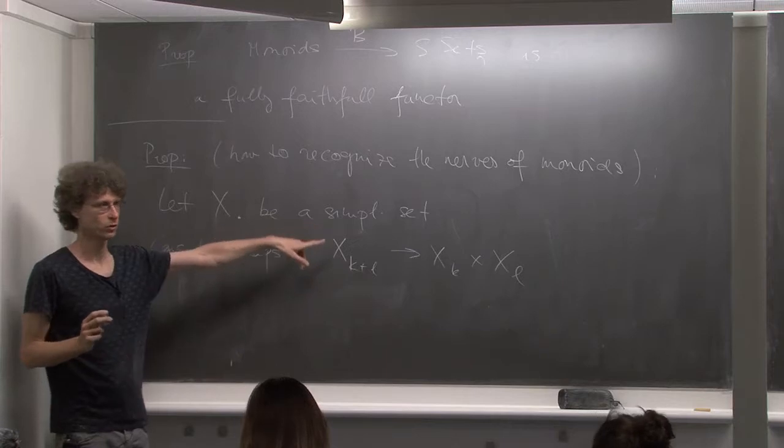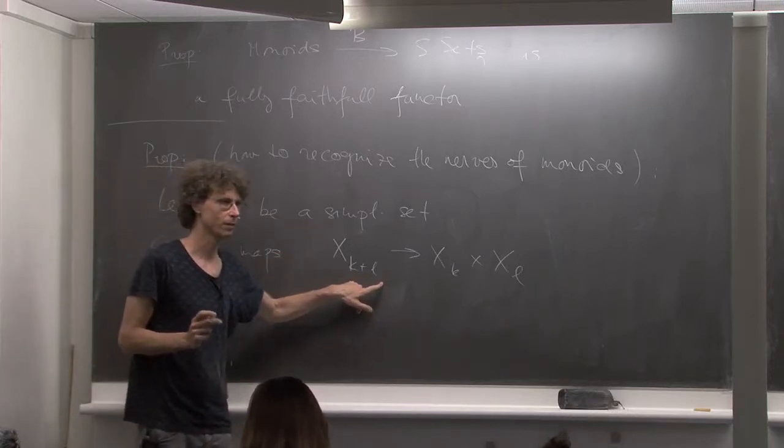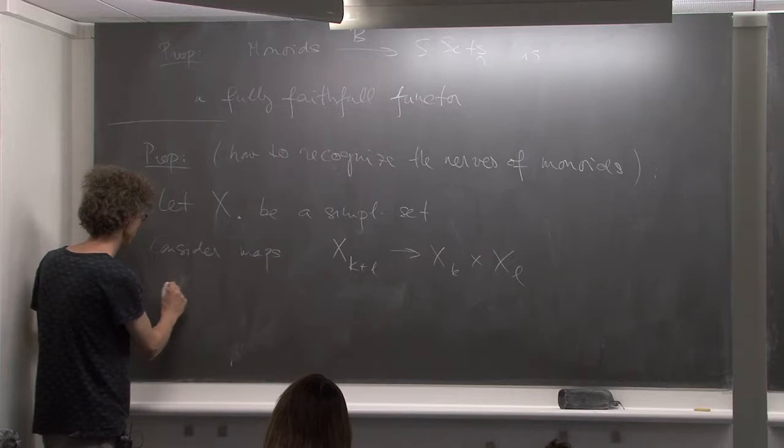We already saw that for k and l equal to 1. So let me tell you what the map is.